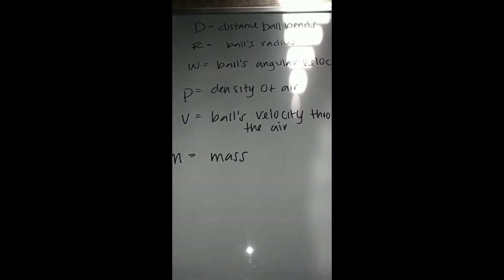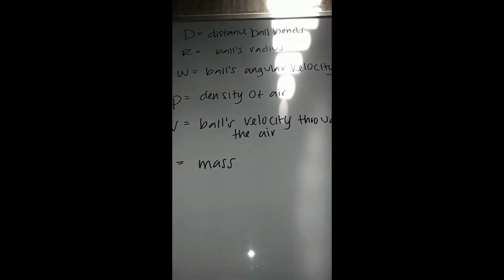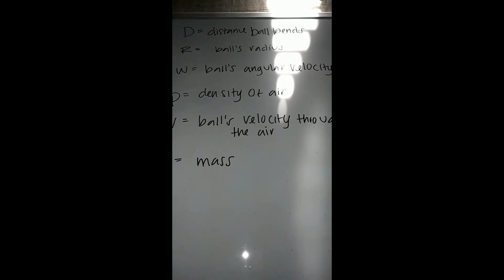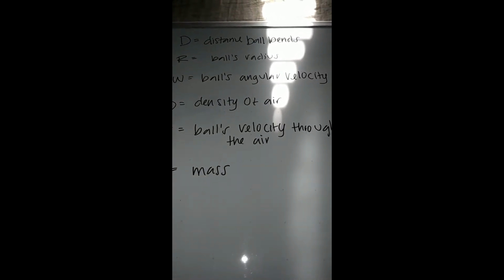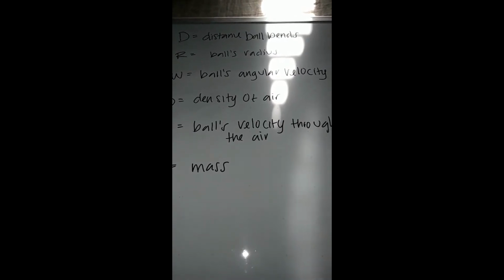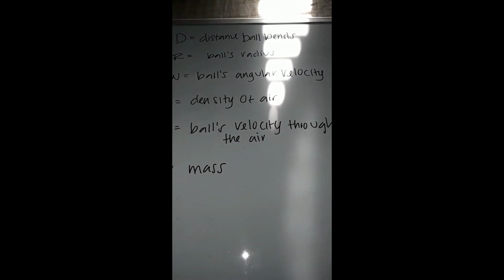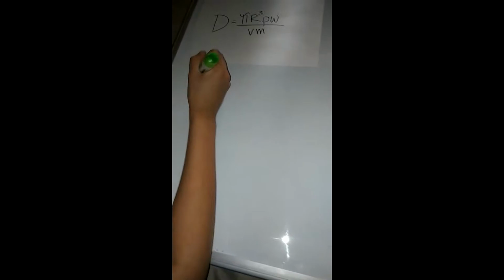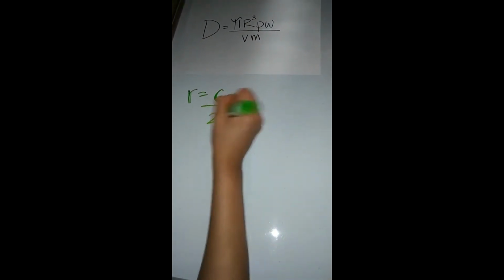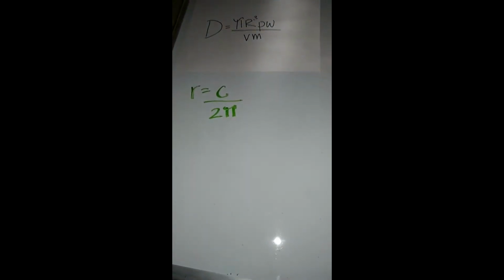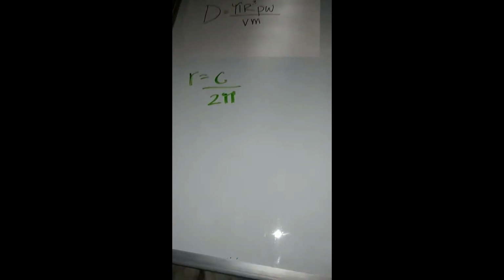In order to find r, or the ball's radius, I know that an average soccer ball has a circumference of 27 inches. To find the radius, I will use the equation r equals C over 2 pi, where r is the radius and C is the circumference.